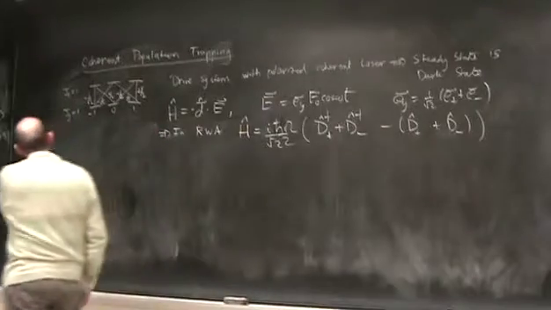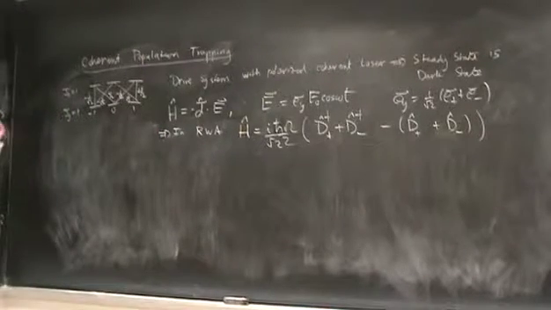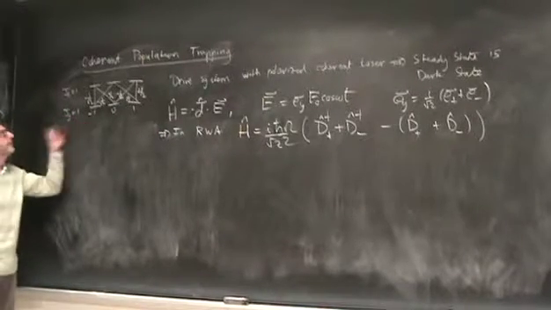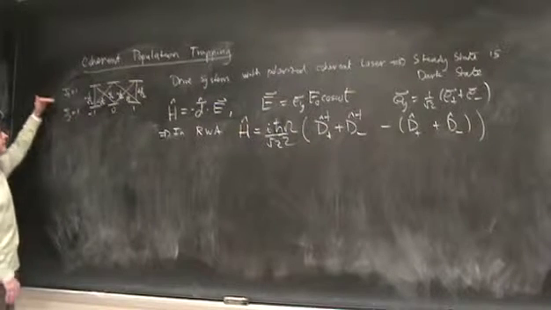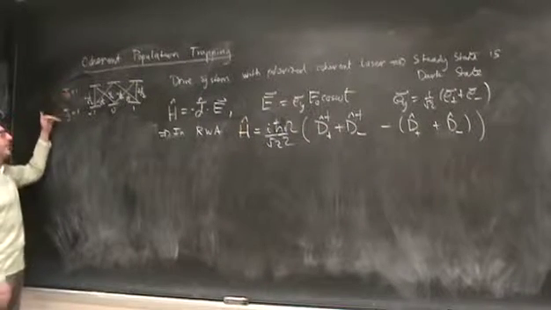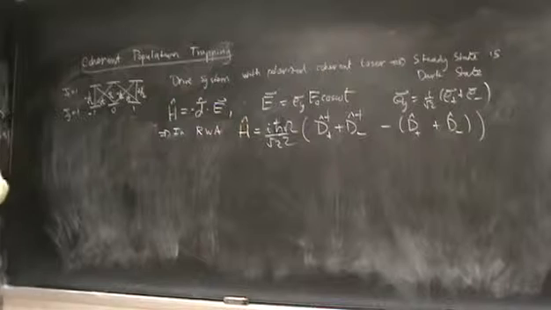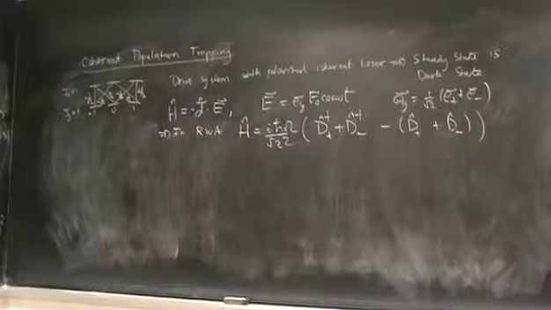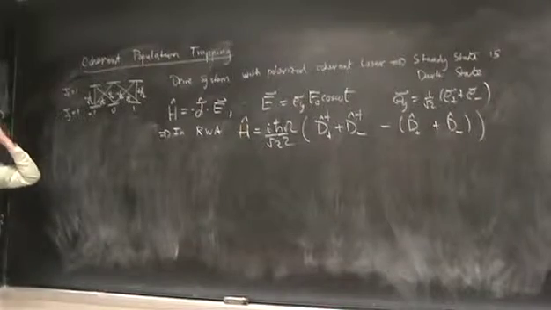In particular, we're looking at this kind of level structure where both the excited manifold and the ground manifold have total angular momentum 1. And these are the Clebsch-Gordan coefficients, okay?